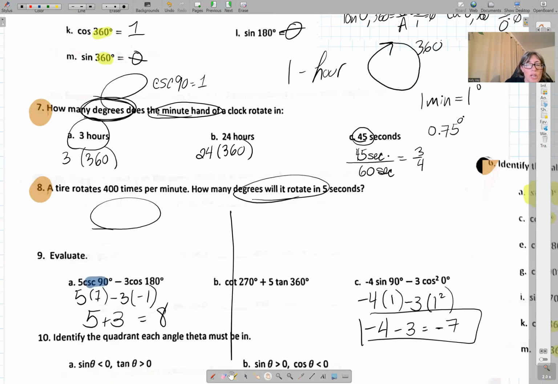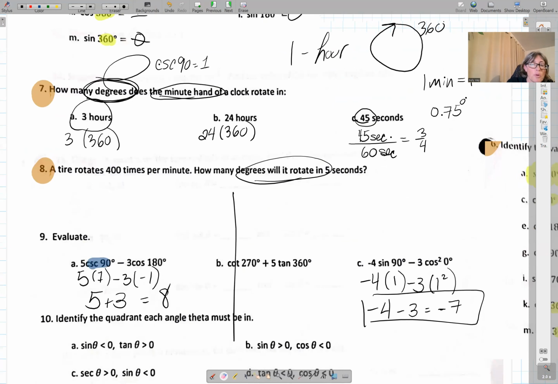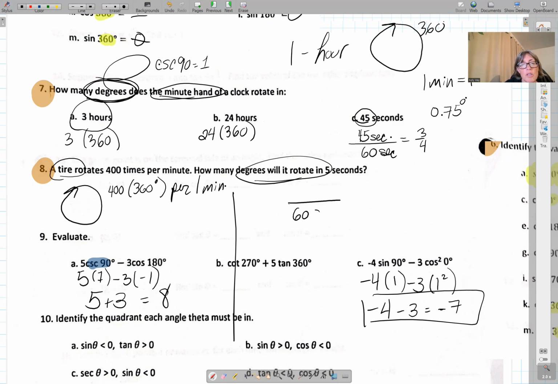Number 8, a tire rotates 400 times per minute. That's important that we're establishing something here. So it's going to go around 400 times, 360 degrees per every 1 minute. That's what it's asking. All right. So for every 1 minute, which becomes 60 seconds, we are going to do 400 times 360.